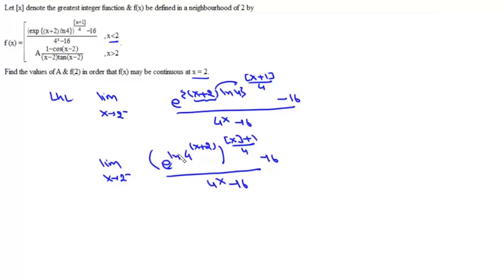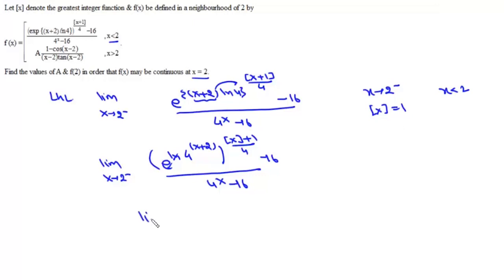Now we also know that when x tends to 2 negative, the greatest integer function of x is 1, as x is less than 2, and the greatest integer function doesn't take a limiting value, so we have to put the value of the greatest integer function of x.